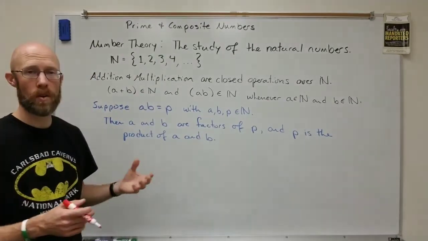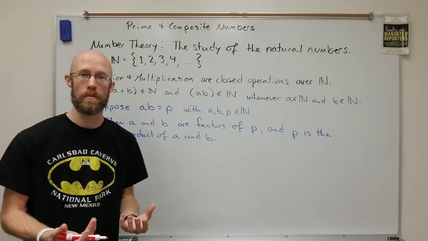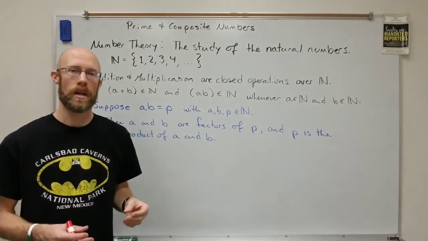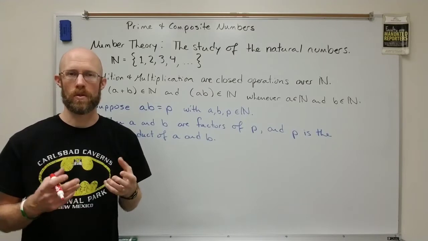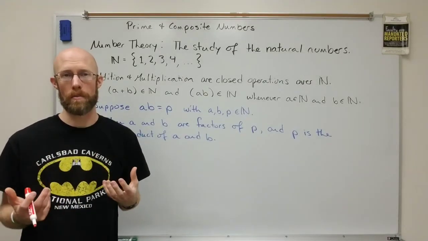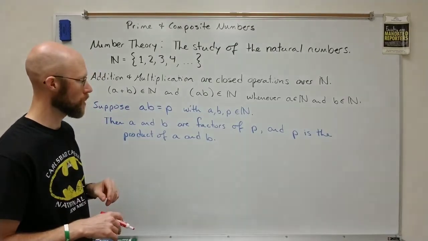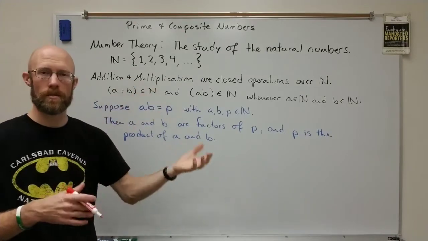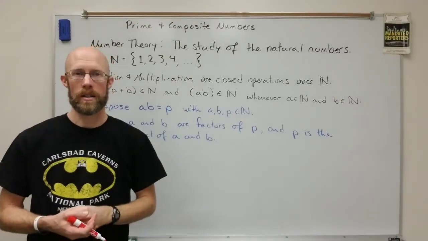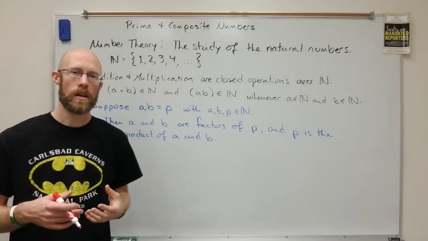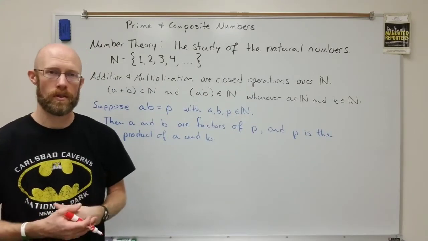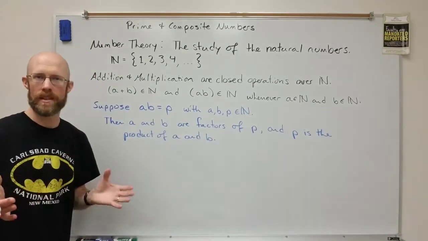And then, of course, we are going to get into some other types of numbers, not just the natural numbers, but in some sense, the natural numbers are the building blocks for all the other numbers, using these operations and then introducing subtraction and division to produce other numbers. In some sense, that's true.